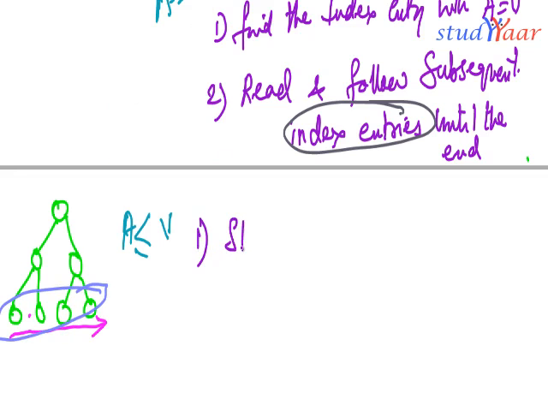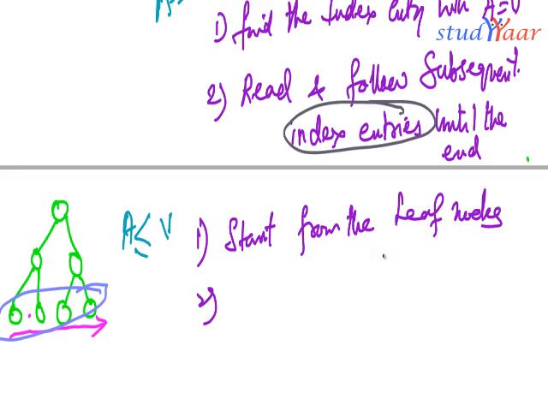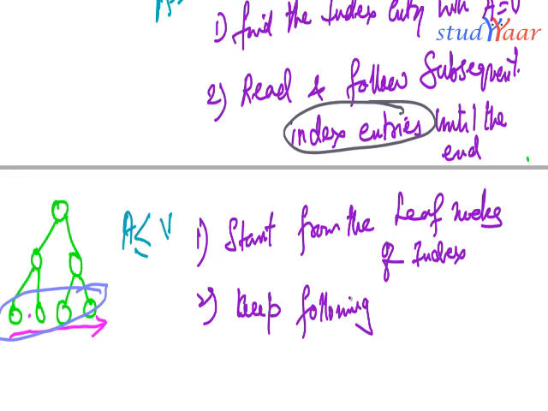Start from the leaf nodes of the index, and keep following pointers until you get an index entry with value equal to v.